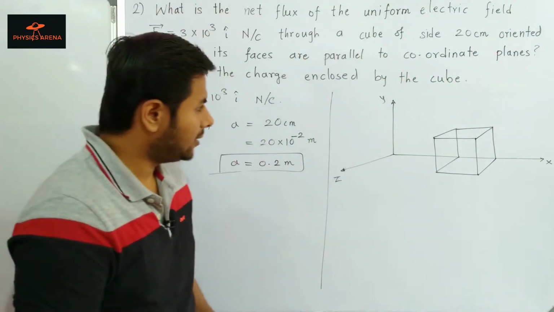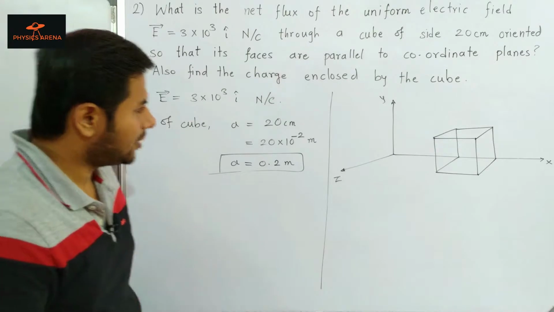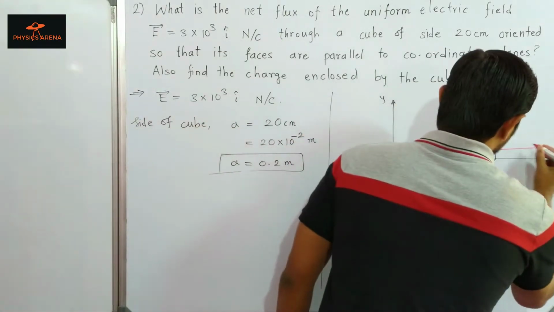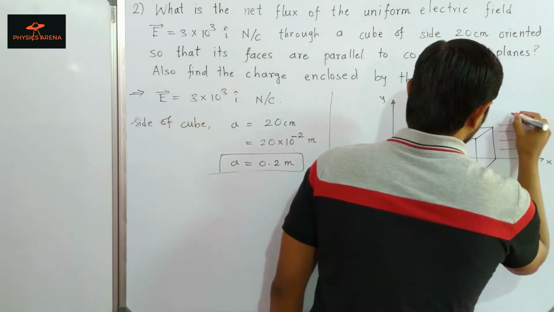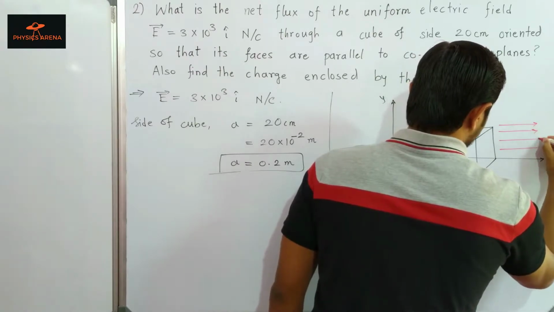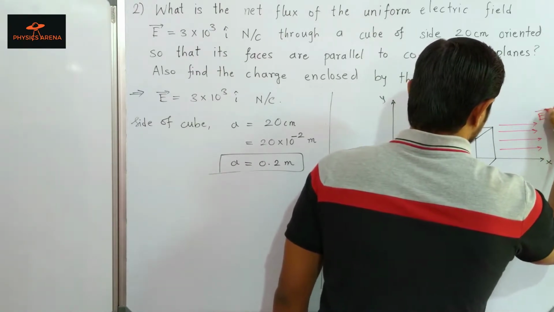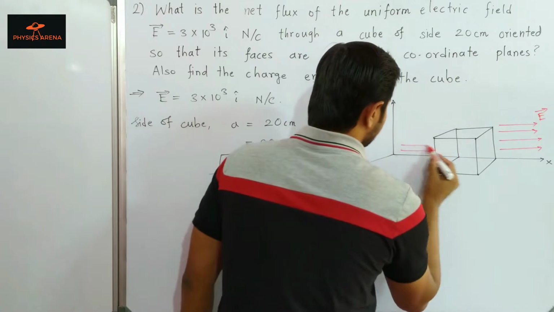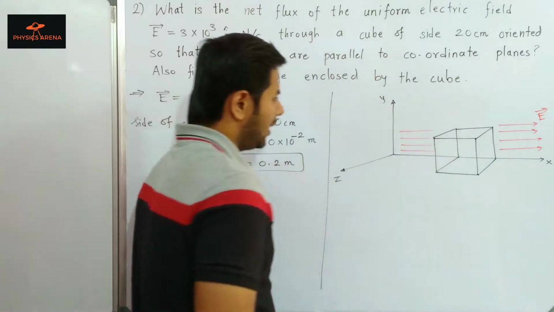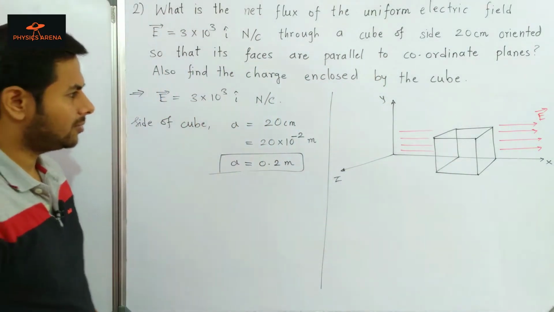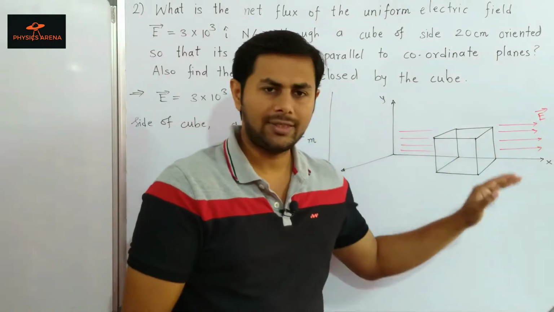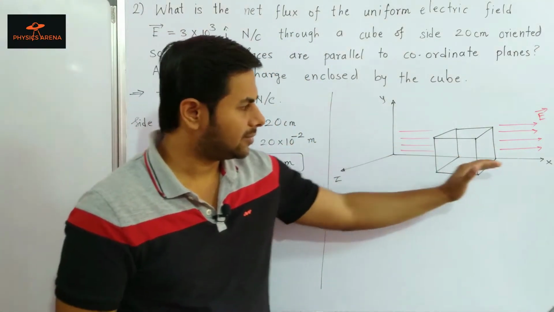Alright, and the electric field is directed along x-axis. So this is my electric field E bar, and it is uniform, and you can see that it's directed along this x-axis.